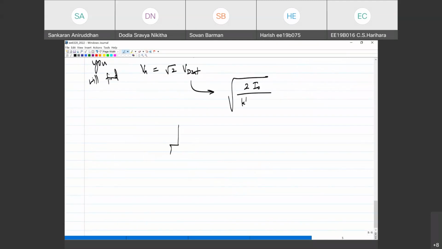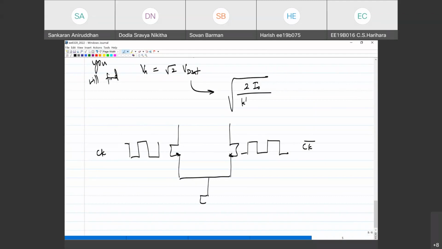Now imagine you're giving a square wave, clock and clock bar. If this amplitude is not root 2 times VGS minus VT, what will happen to the two currents? I am basically passing I0 plus IRF. I expect this to go to I0 plus IRF and 0, and 0 and I0 plus IRF.